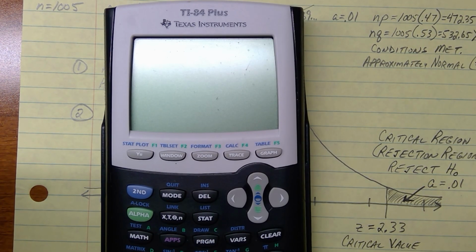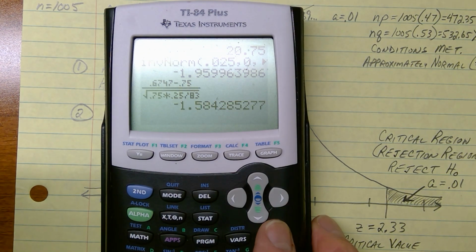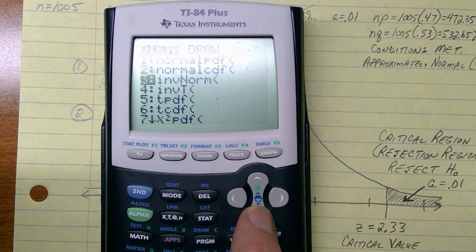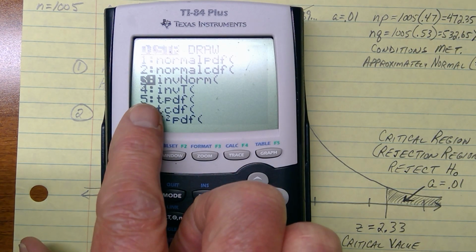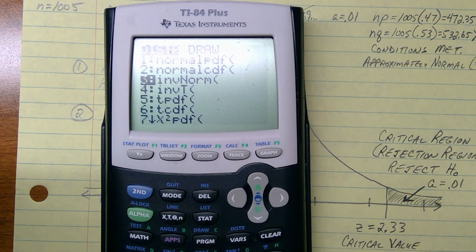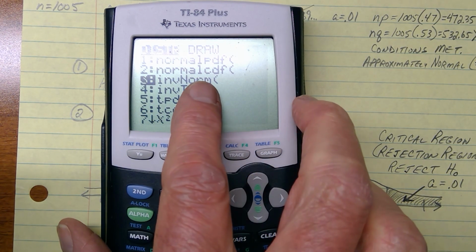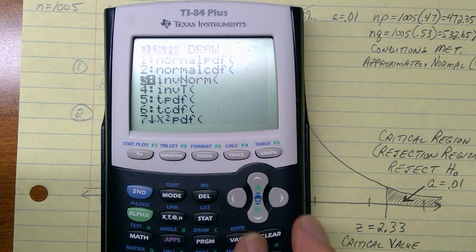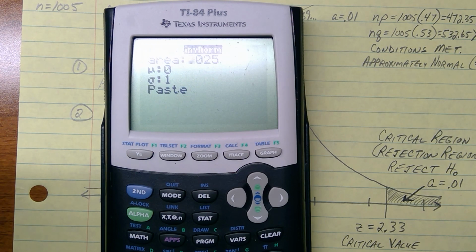Now, you guys that like to play on your calculator, it's pretty easy to find this on your calculator. Let me clear that. You just go to distribution here. So second function, distribution, and I want inverse normal. Inverse means backwards. I'm going to give it the area, and it's going to work backwards and tell me what the z value is. So I have a normal distribution. I'm going to give it the area, and it's going to figure out what Z number I need.